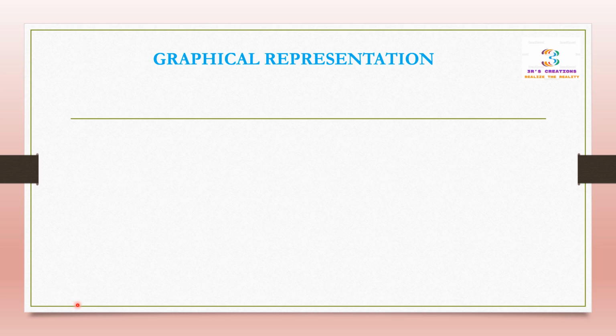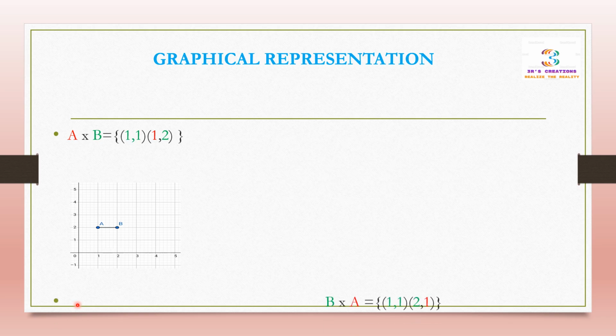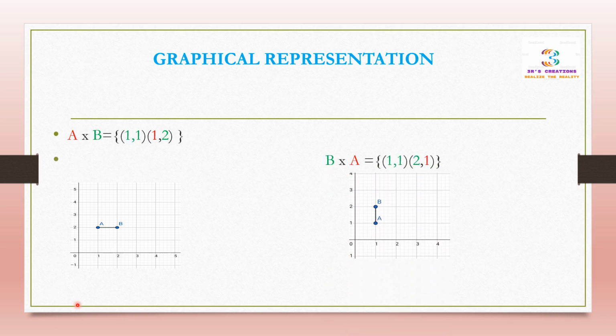Graphical representation of Cartesian product with singleton set. Why do we represent the Cartesian product in a graph? It is to verify the commutative property of Cartesian product. Now for A cross B, the points are plotted on a graph. We got a straight line. In the same way, for B cross A, the points are also plotted on the graph. We got a straight line.